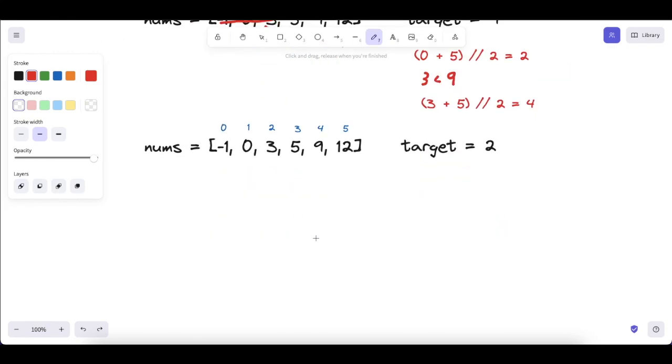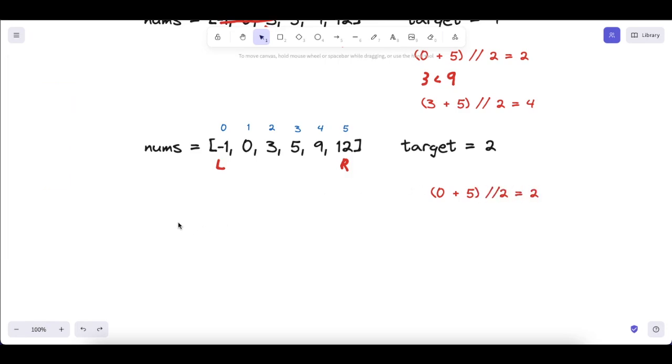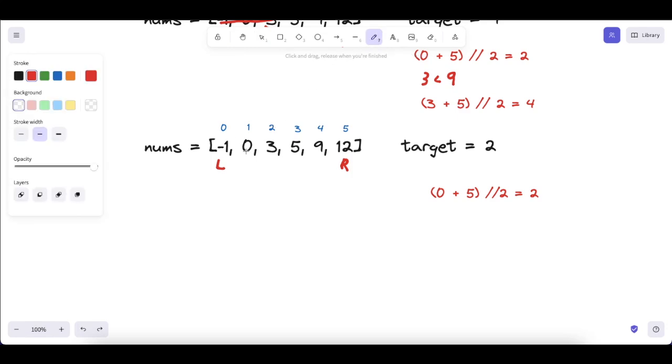We now have a second case where our target is 2, and the nums array remains the same. So again, we would have our left and our right pointers, and we would calculate our midpoint. Once again, we would have initially 0 plus 5 divided by 2, which is equal to 2. So we'd have our midpoint initially at index 2.